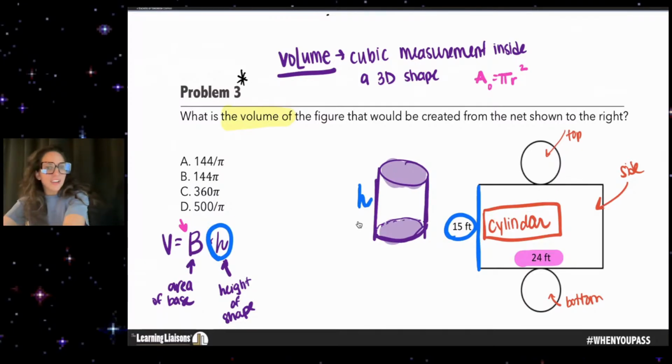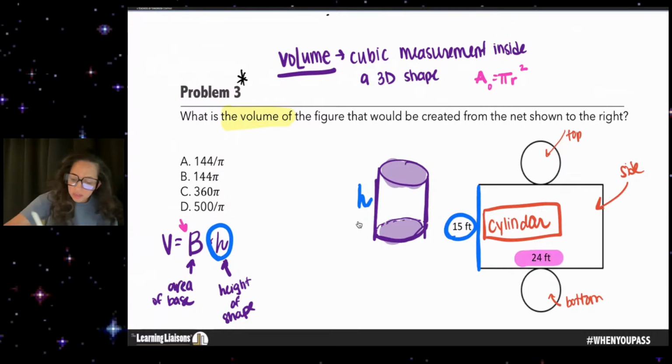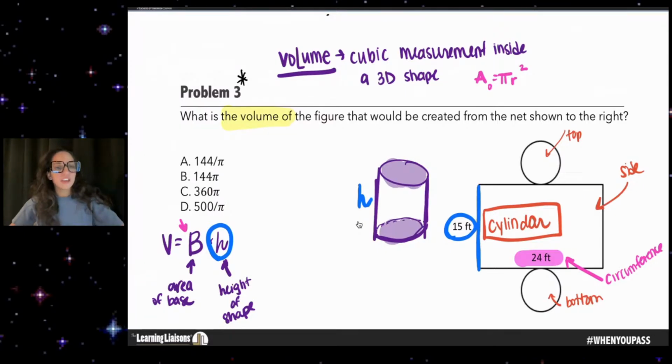It's the other side of that rectangle, right? So 24 is the circumference of the circle. So can I use my circumference formula backwards to figure out what my radius is? I absolutely can. Let's go ahead and do that.